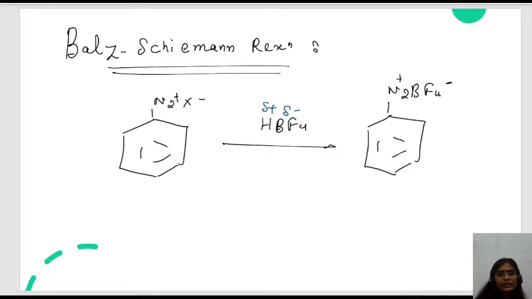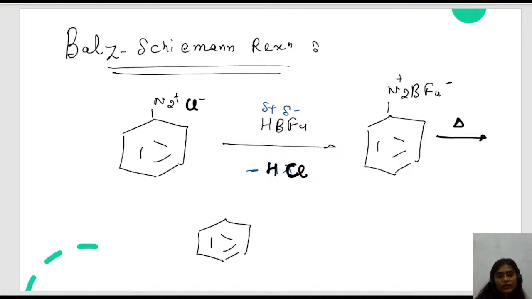So this X is now connected with hydrogen. So it becomes HX. HX can leave, like this. And let me just use chlorine here so that you can get my point. This is chlorine, and now we're getting HCl as a product. Okay, and further if you heat it, then we are getting fluorobenzene.